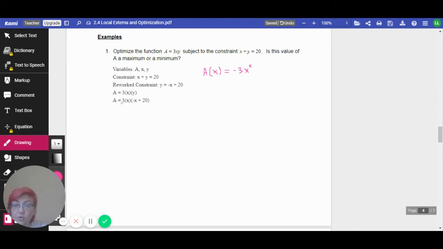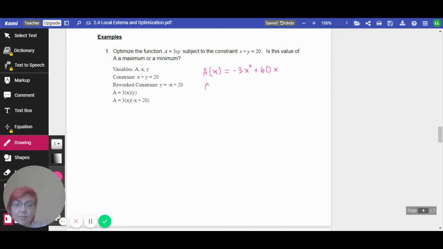And then I'll distribute my 3x to my 20. 3 times 20 is 60, times x is 60x. So there is my function rewritten in terms of x.